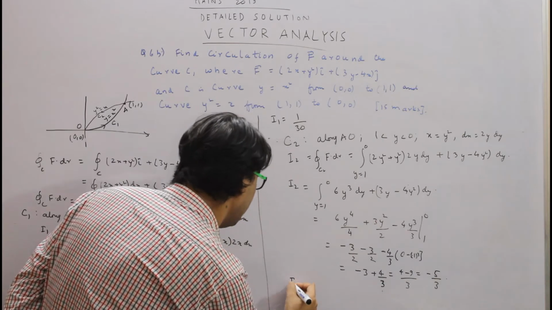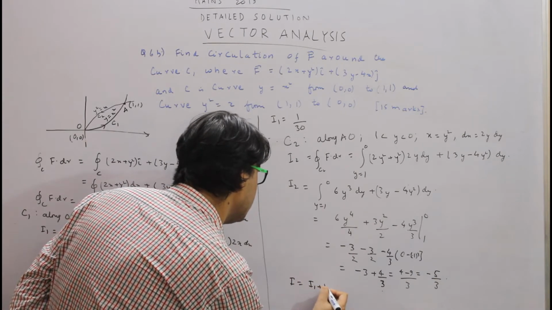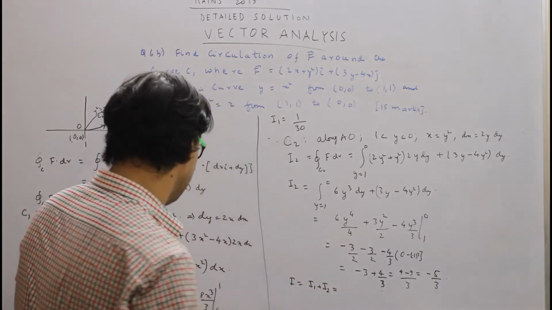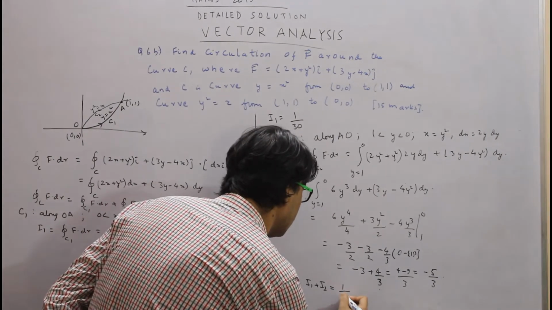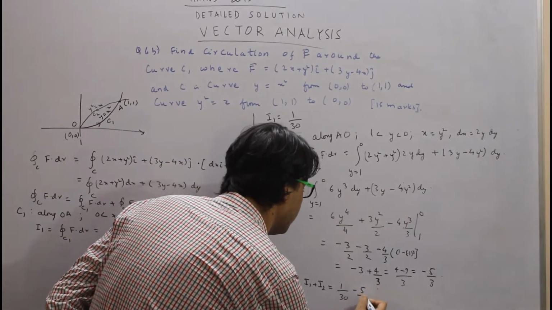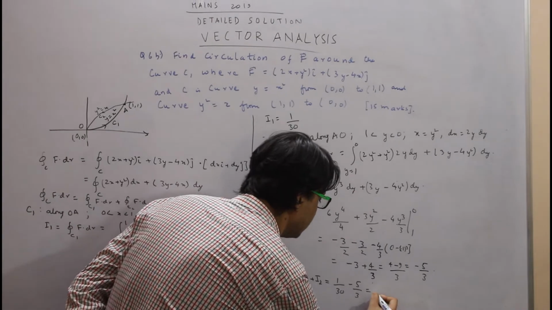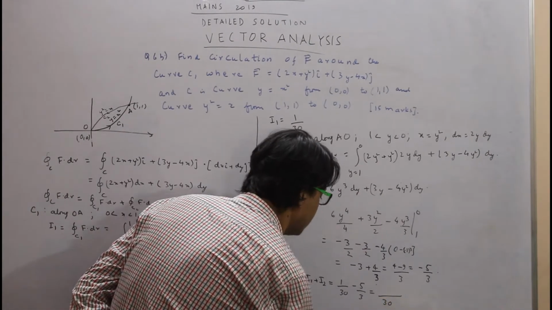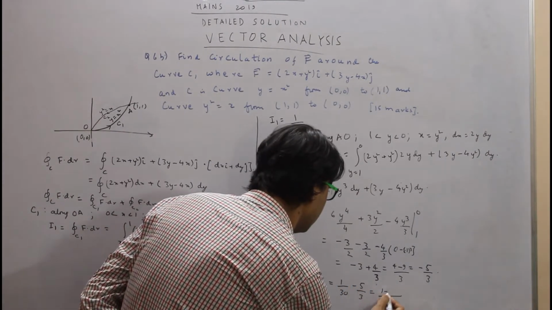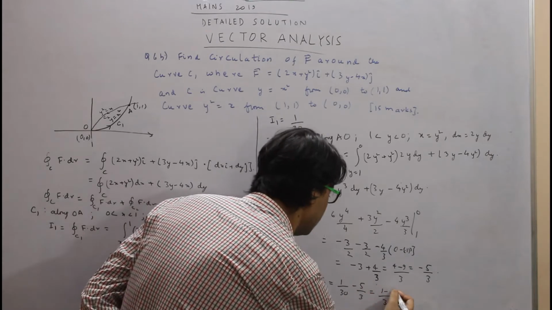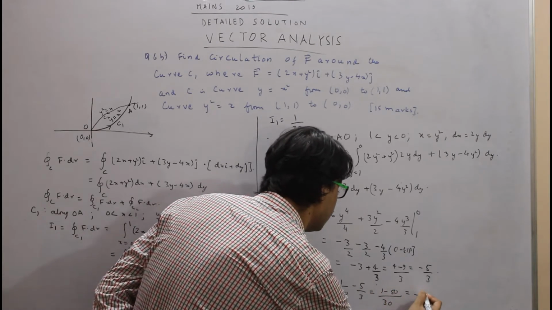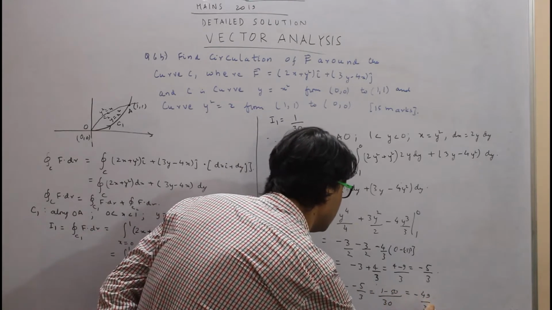Now we will find our I, that is I1 plus I2. So I1 is 1 by 30. This is minus of 5 by 3. So this becomes our 30. So this is 1 and this is 3 into 10, so 50. So we are getting our answer minus 49 by 30.